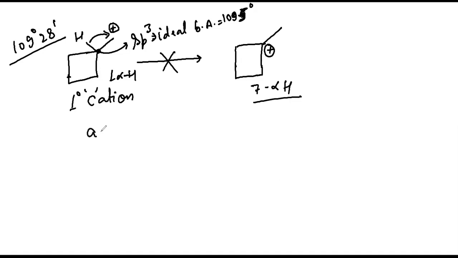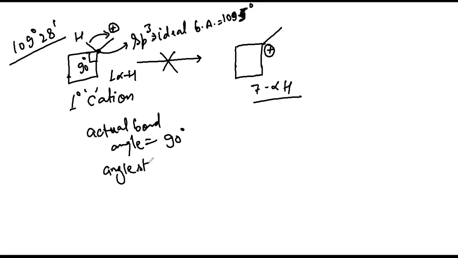This is for the 4-member ring. But the actual bond angle is what? It is 90 degrees, isn't it? So it will suffer some angular strain. If somebody asks you if angular strain is present, you say yes, it is present. Now in the second case, the actual bond angle is also 90 degrees.